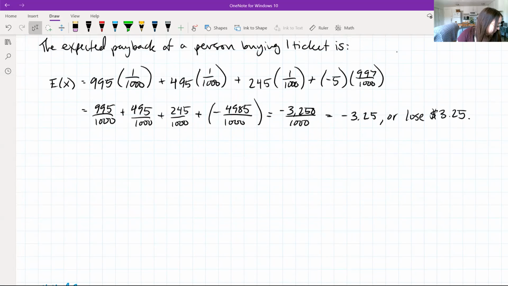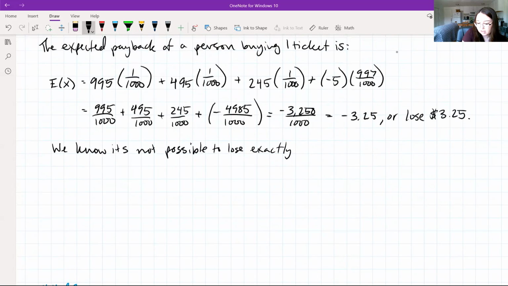So to sum it up here, we say we know it's not possible to lose exactly $3.25.